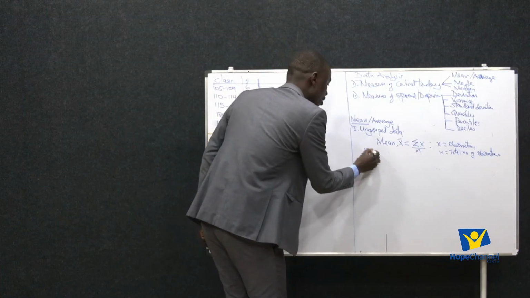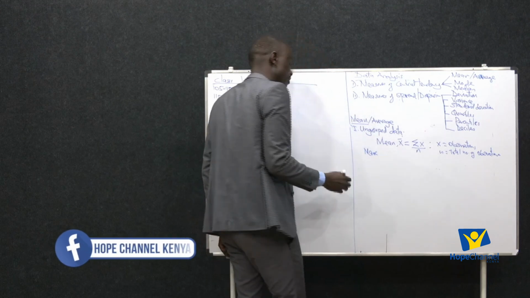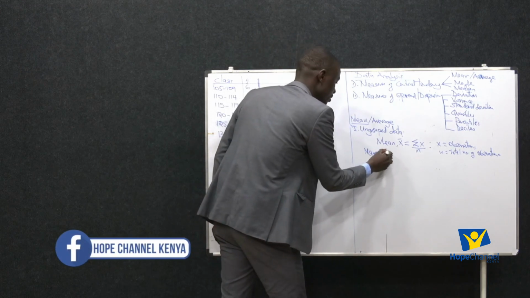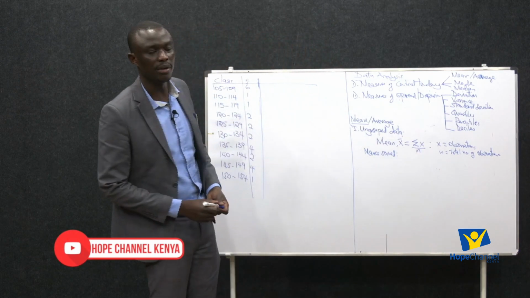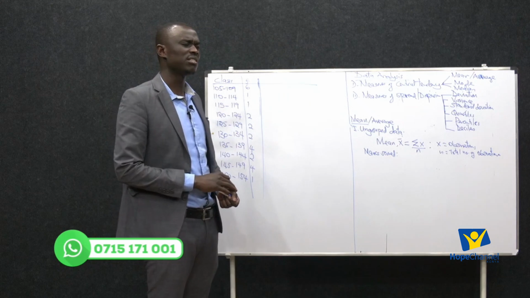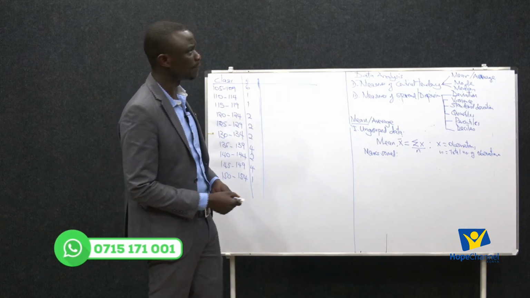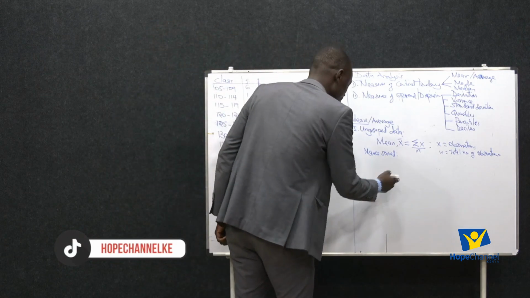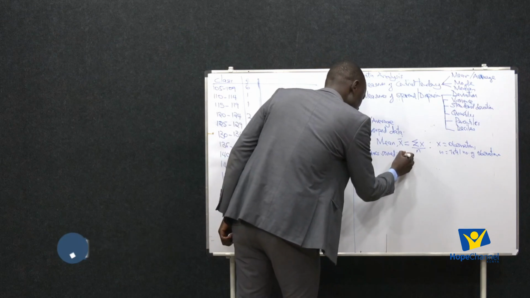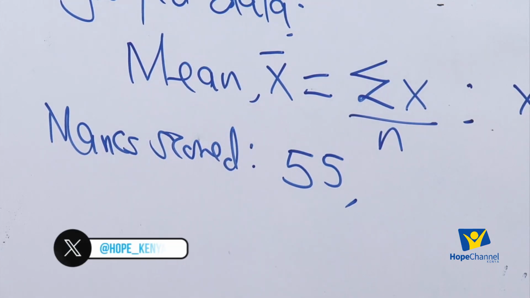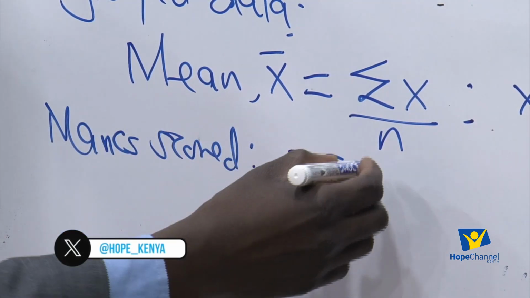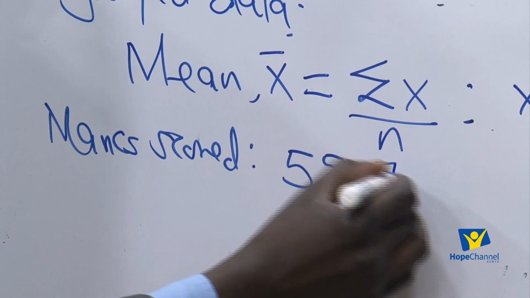The marks scored by a student in an exam were given as follows. In English, that student scored 55. In Kiswahili, that student scored 70.